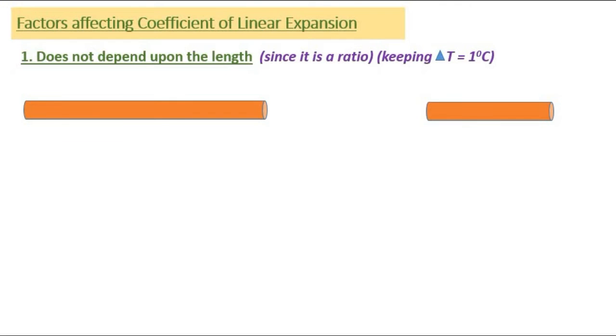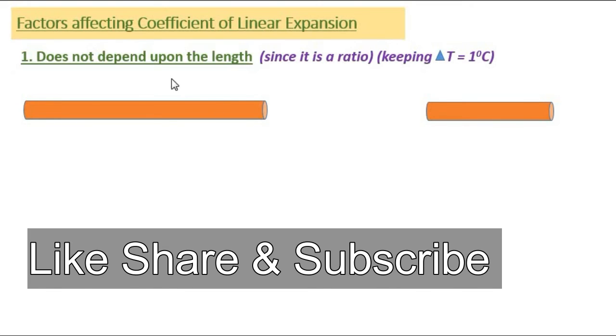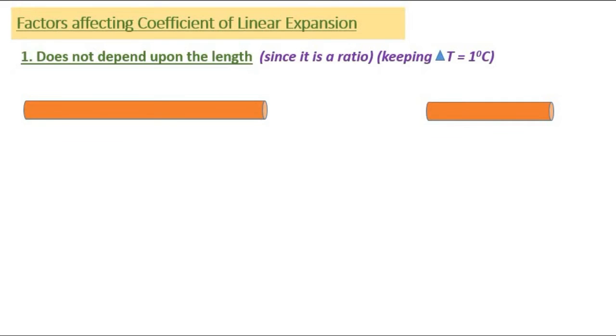Now let us talk about the factors on which the coefficient of linear expansion doesn't depend, because these are all the kind of misconceptions that we develop. So it does not depend upon the length.